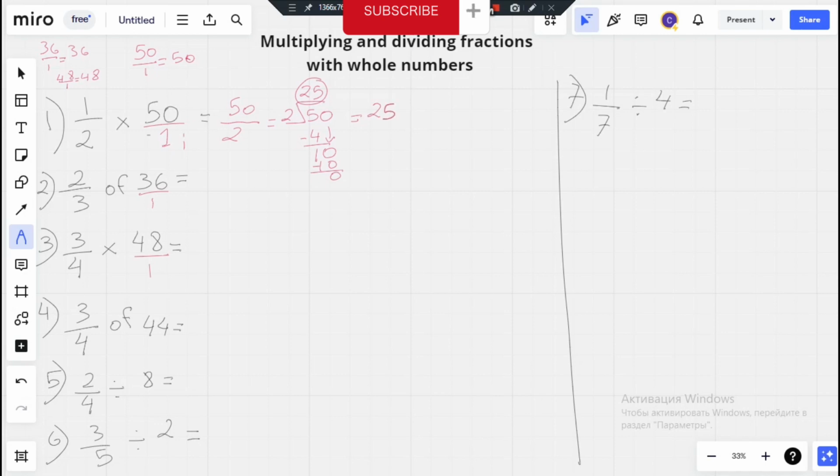We turned our whole number into a fraction by adding the 1. Now 2 over 3 of 36. "Of" is the same as times, so don't get confused if you see "of".